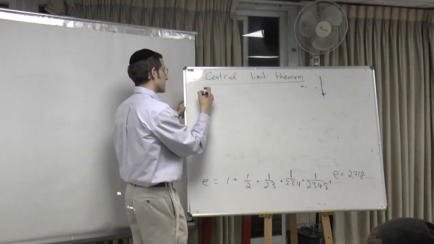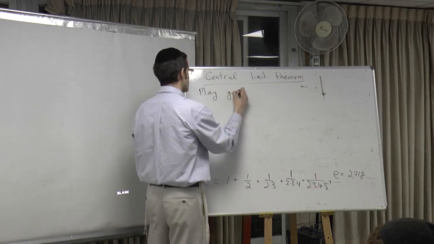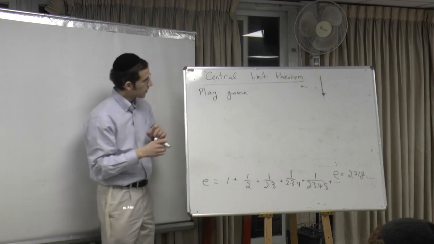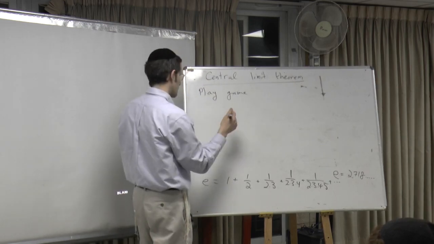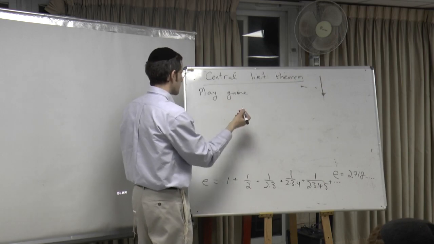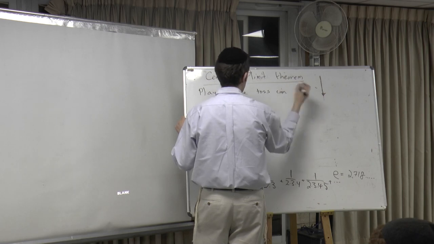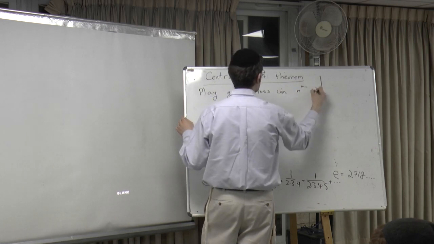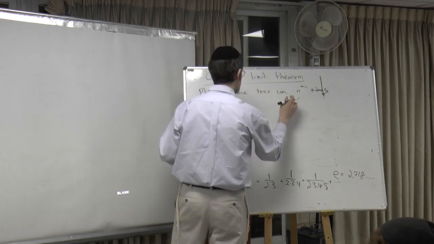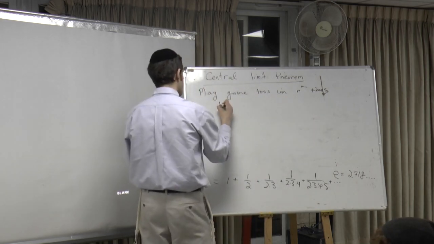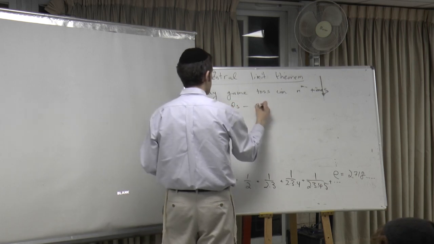Suppose I play a game where I toss a coin n times, so n is a number. If I get heads, I make $1.